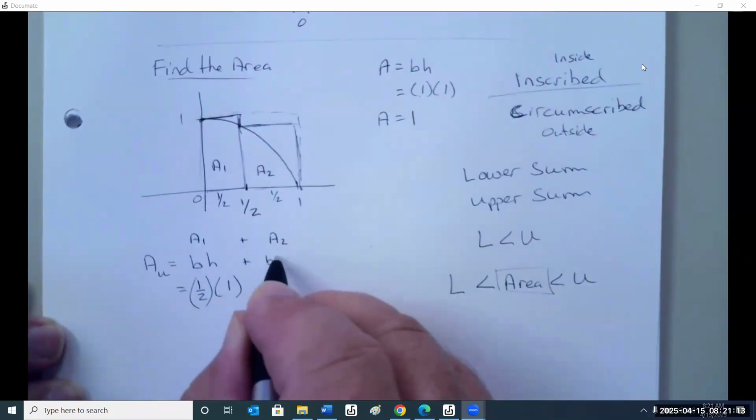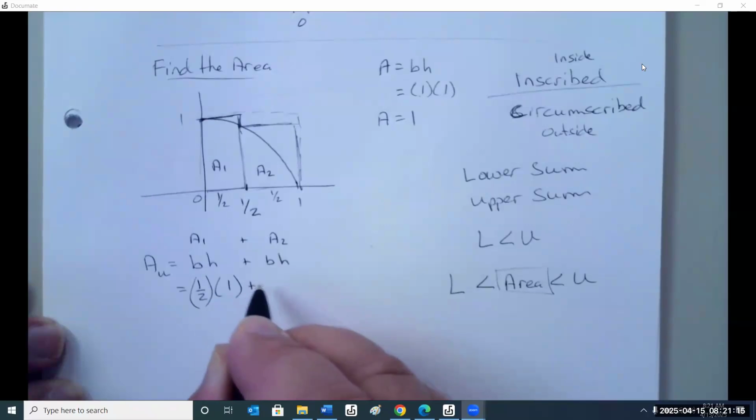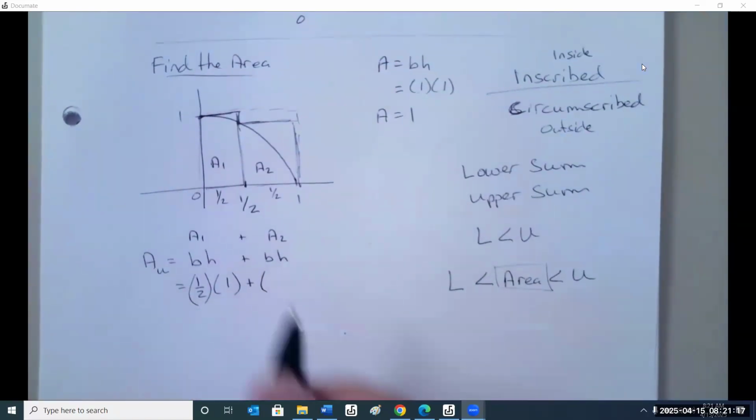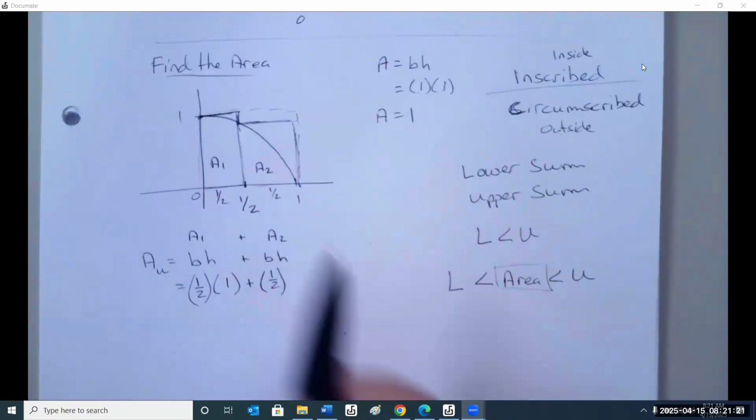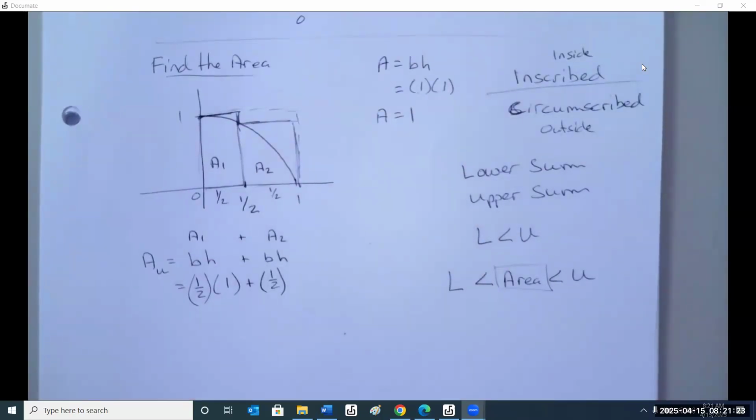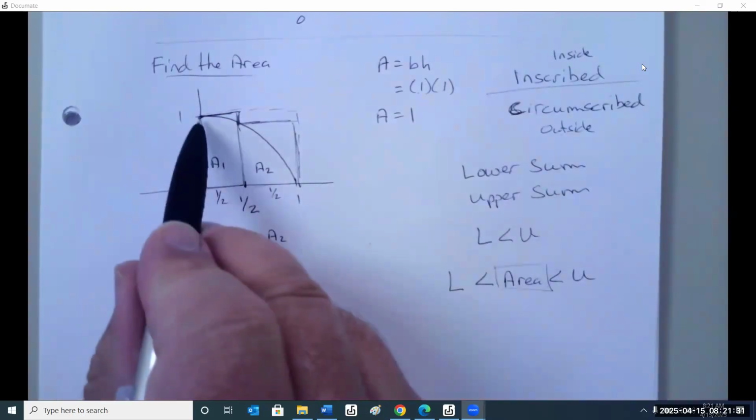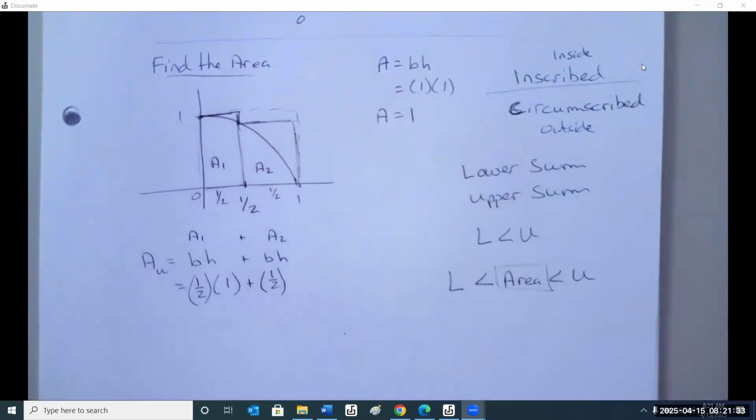So what's A2 going to be? The base is 1/2. But what's the height? No, it's not. It can't be 1. There's only one that is the beginning. Everything after that is lower than 1. How do you find it?